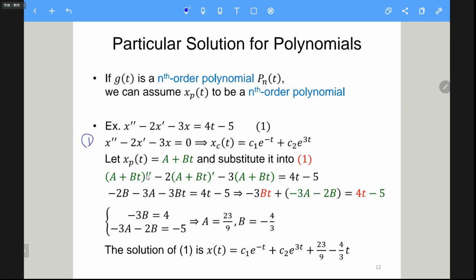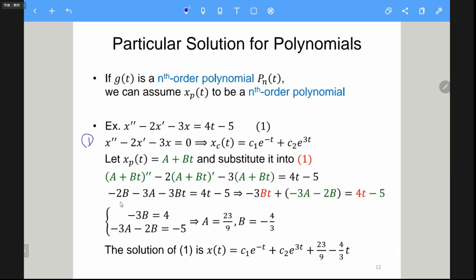First order polynomial, take the second derivative will be 0. The constant, take the derivative will be 0. This one, take the derivative will be b. So we don't have the t here, so we have -2b for this one, and then -3a - 3bt here, and then 4t - 5.